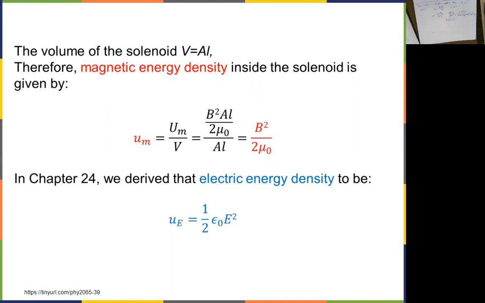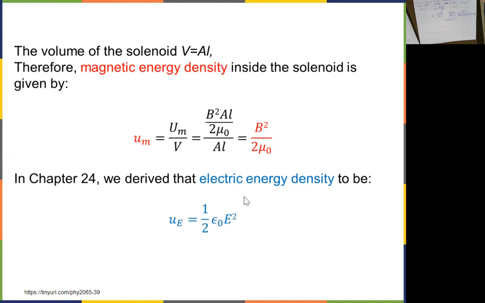Now, remember in the previous chapter, when we derived the energy density for the electric field, basically the energy stored in the capacitor, it also has an energy density proportional to the electric field squared, right?